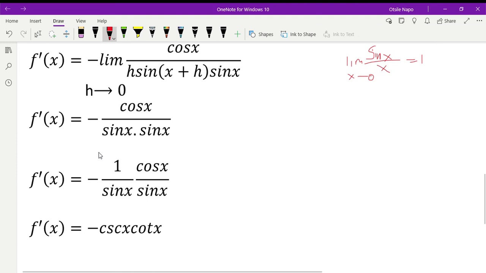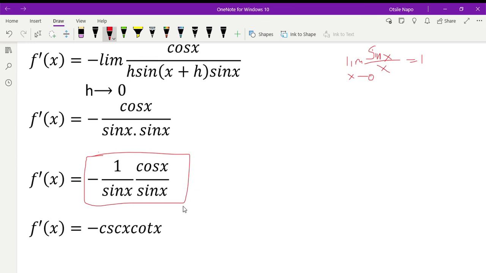We are going to rearrange our equation here, where negative 1 over sine x is multiplied by cos x divided by sine x.